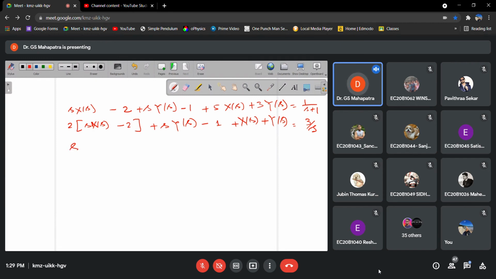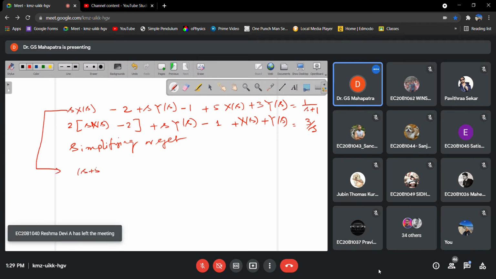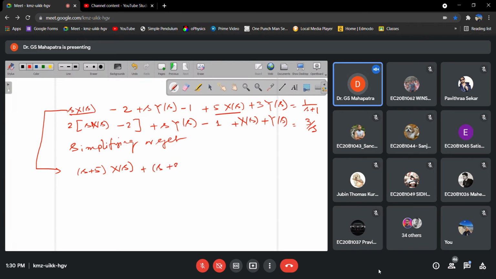Now if we simplify or rearrange, the first one is s plus 5 into x of s, plus s plus 3 into y of s.